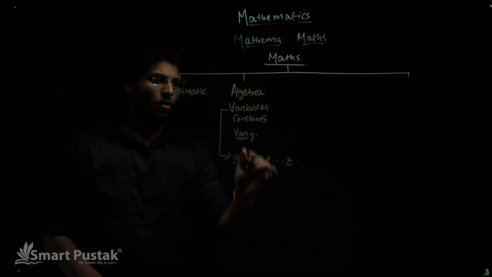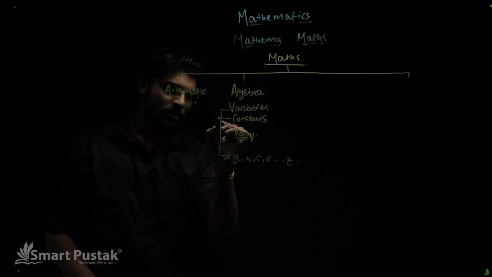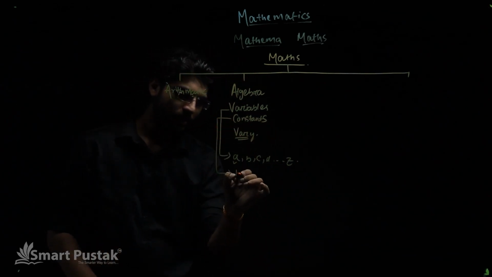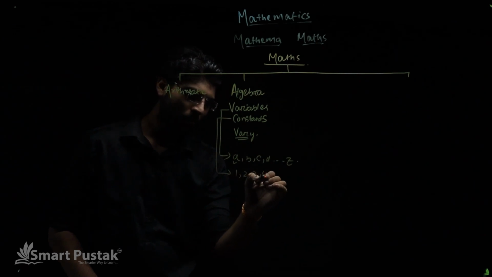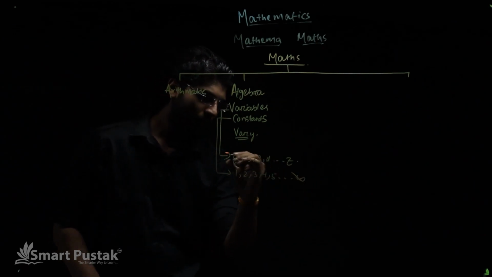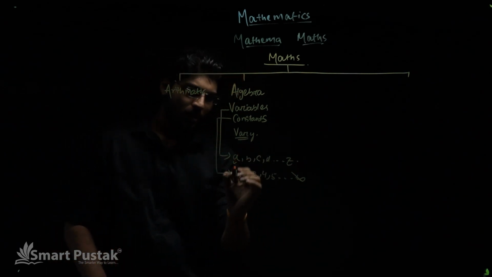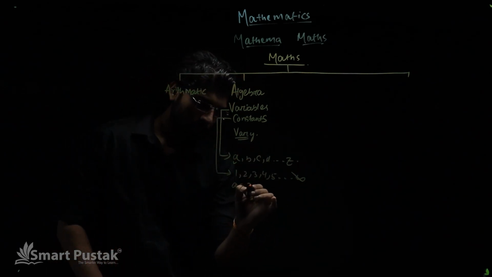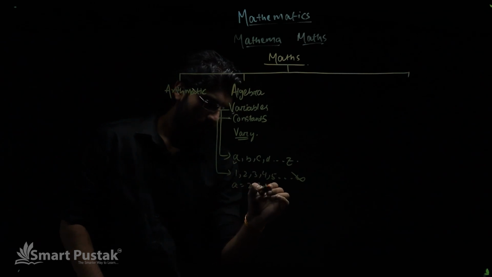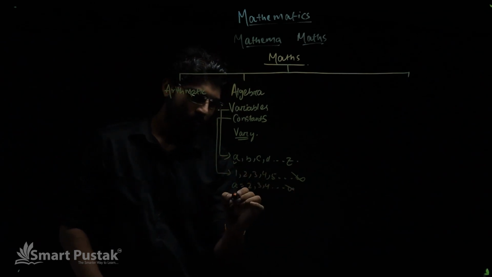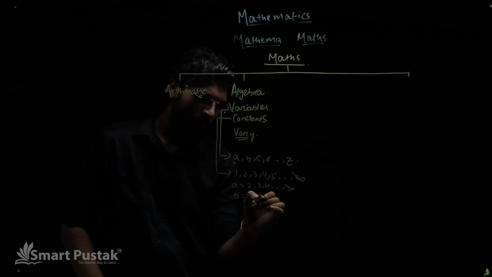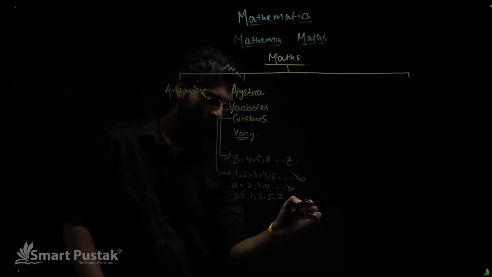Now what are constants? Constants are values like 1, 2, 3, 4, 5 up to infinity. Variables are values like a equals 2, 3, 4, anything else. Similarly, b equals 1, 3, 5, 7, anything else.